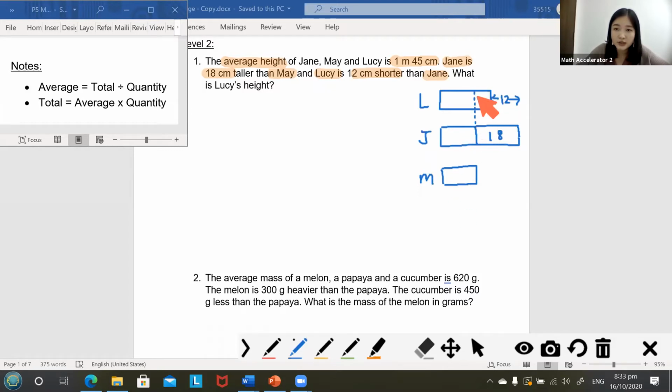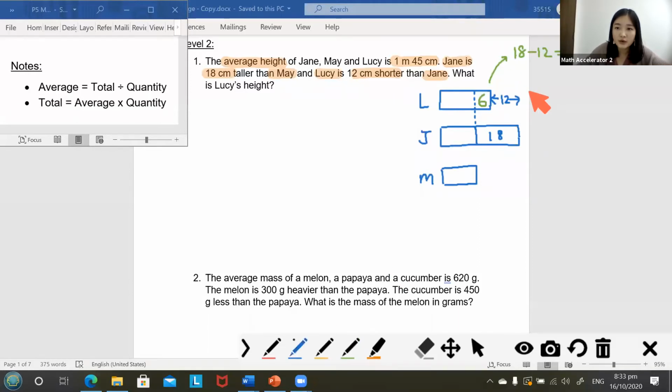What do you have in this small portion of the model? 18? Okay, thank you, 6. 18 minus 12, so you have 6 here. Okay, because it has to make up to 18 over here.